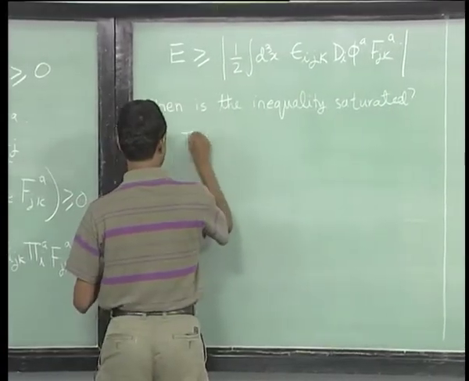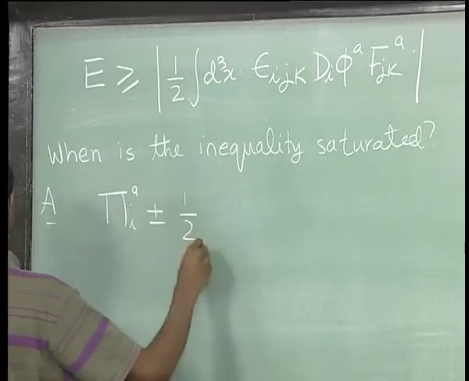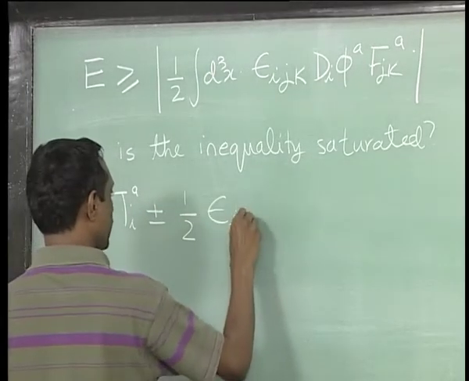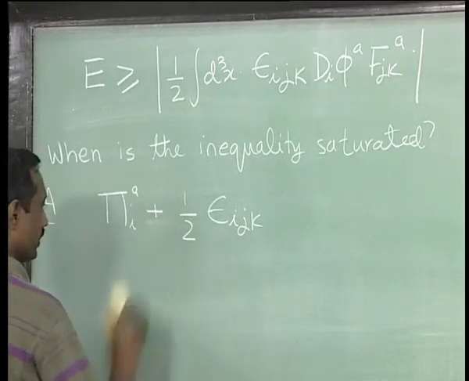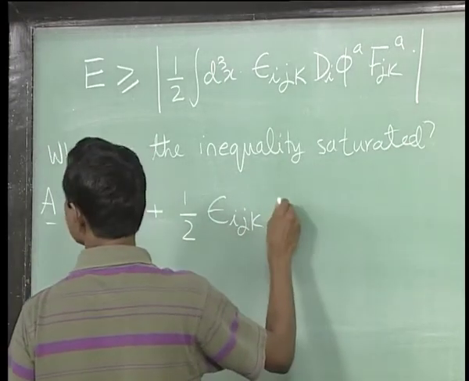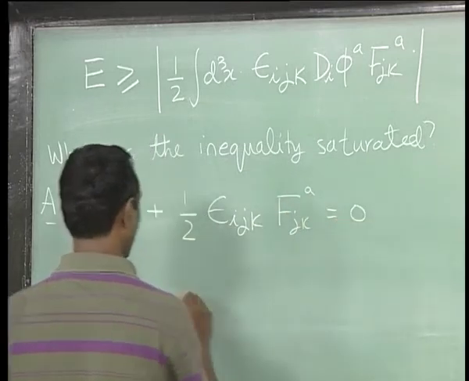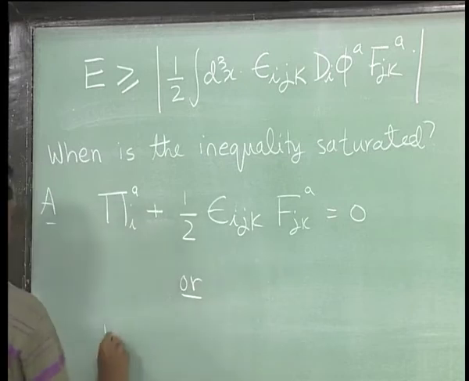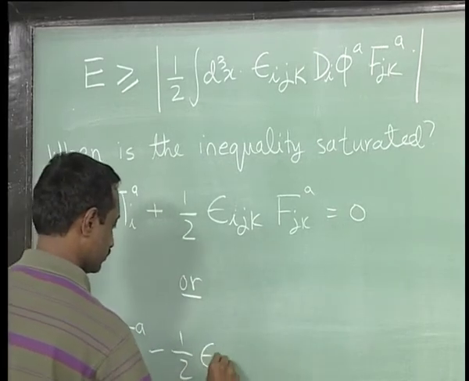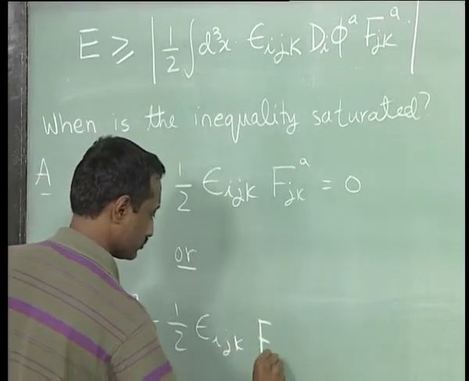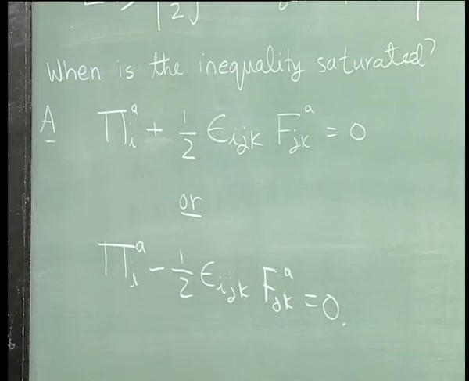pi I a plus or minus half epsilon I j k, let us write it as 2 terms and determine when epsilon I j k f j k of A equals 0, or, okay.